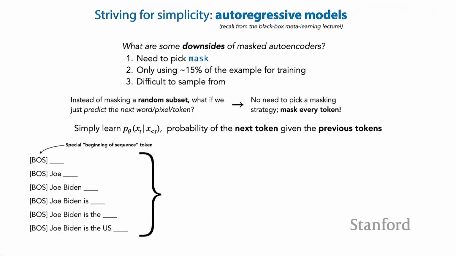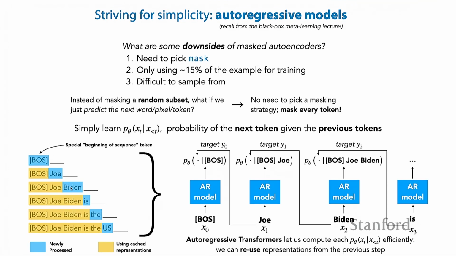So in the autoregressive case, when I compute the representation for Biden, this is only a function of the representations of Joe and BOS. So when I add the next word for my next training example, the representation of Biden is going to be the same because it's only a function of the words that come before it. If I add words after it, they don't factor into the representation of Biden at all.